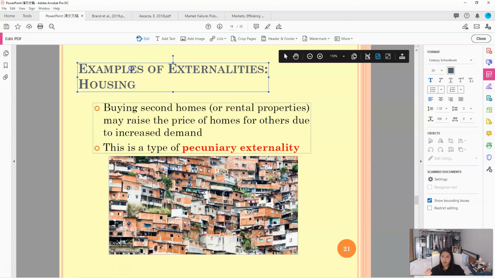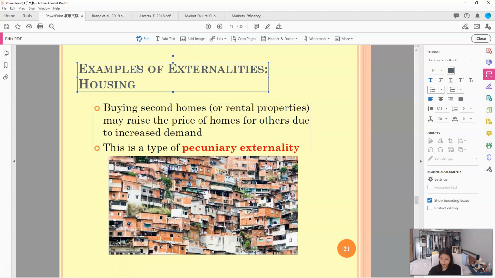The third example would be housing. For example, if I already have a house and I'm buying a second house for rental purposes, this action, buying a second house, would raise the price of the housing market, because that means I decrease the amount of houses available on the market, and on the other hand, that means I increase the demand for houses.